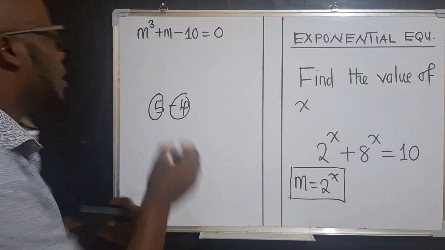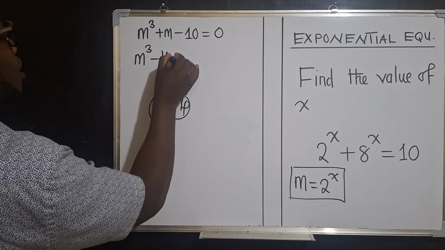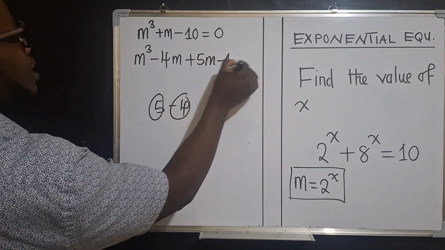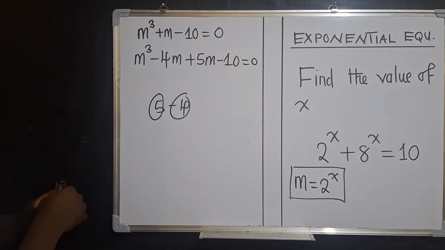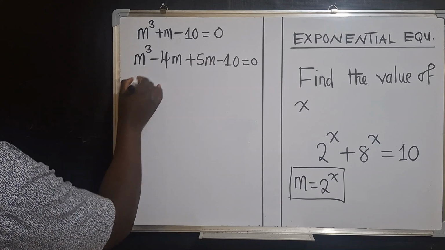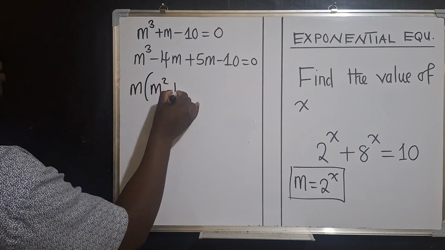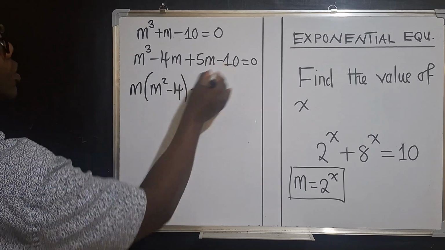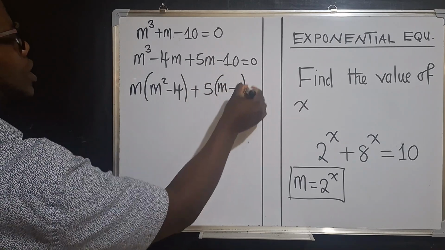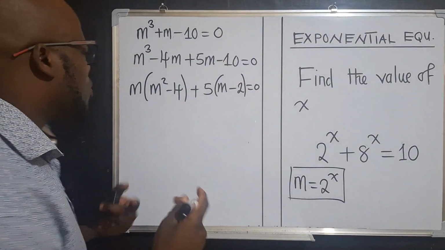So we can say m power 3 minus 4m plus 5m minus 10 is equal to 0. Okay? So from this stage, we factorize. We've got m, open bracket, m power 2 minus 4 plus, here we factorize what is common, it's a 5. We have m minus 2 is equal to 0. So inside here, we can use difference of two squares.